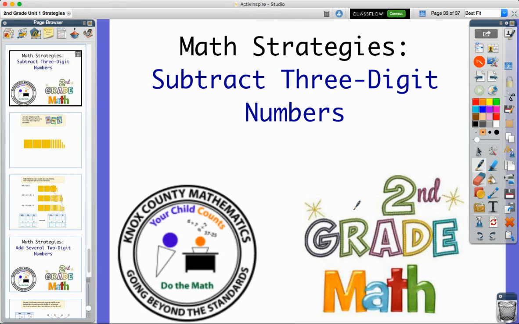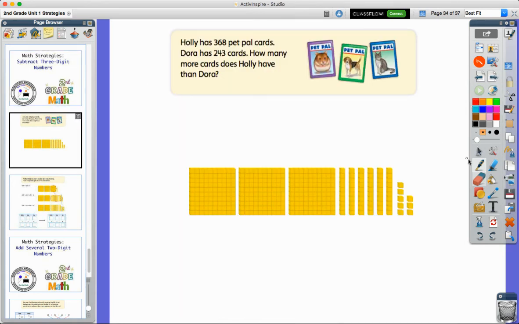So let's look at these examples from our Ready Math book. This example says Holly has 368 Pet Pal cards. Dora has 243 cards. How many more cards does Holly have than Dora? So we're trying to find the difference between the two amounts.